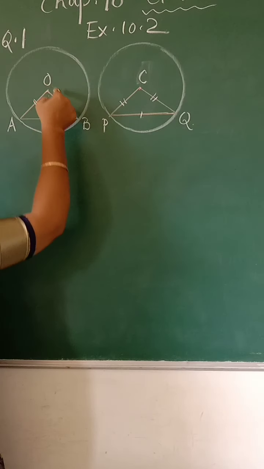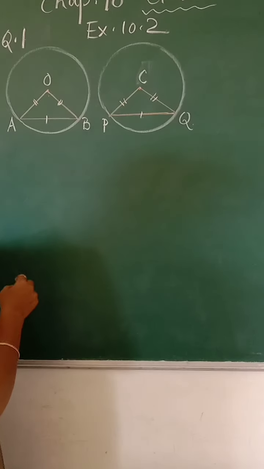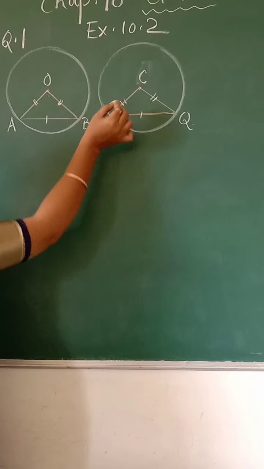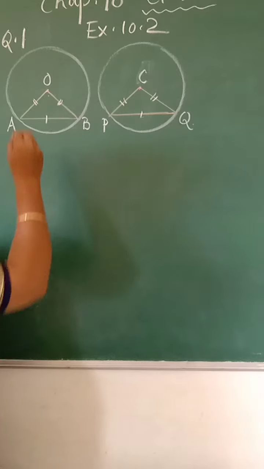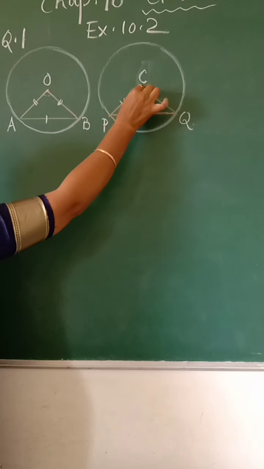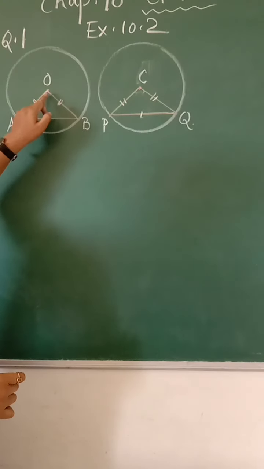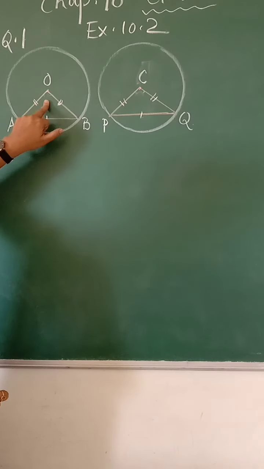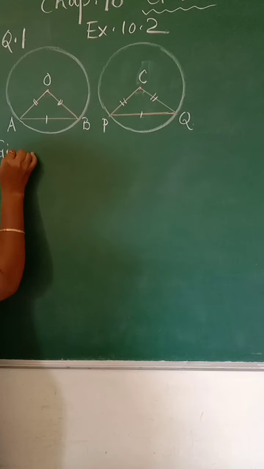Here OA is equal to OB is equal to CP is equal to CQ. So by SSS congruency rule we can prove these two triangles are congruent, and therefore by CPCT we can show these two angles equal. Don't show this before the proof because this is not given. What is given, that we have to show on the figure. So write down the given things here first.